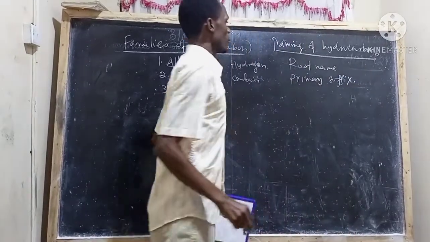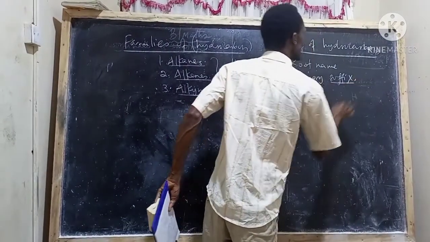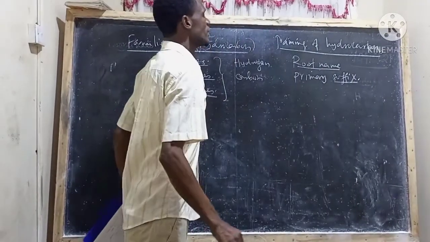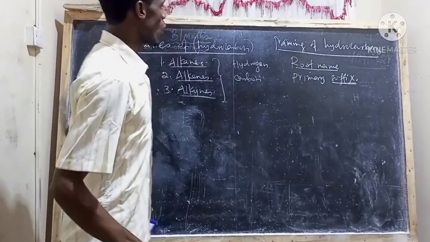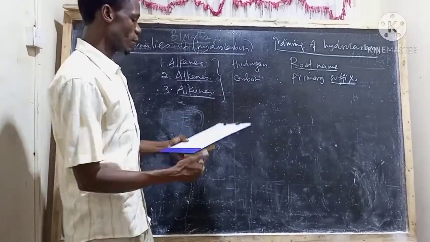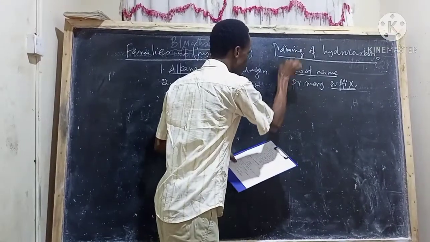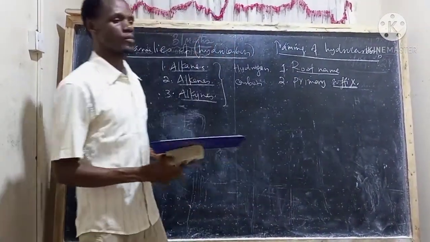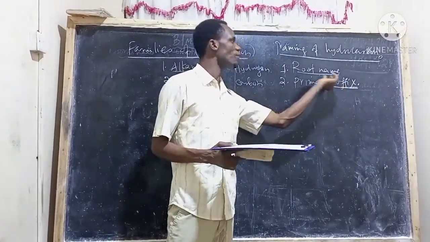A primary suffix is the word that is added after the root name, and this depends on the family that you are talking about. So you have to be very careful about naming. One, you have to know the root name. And the second thing, you have to know the primary suffix. The primary suffix, or suffix, is the word that is added after the root name.